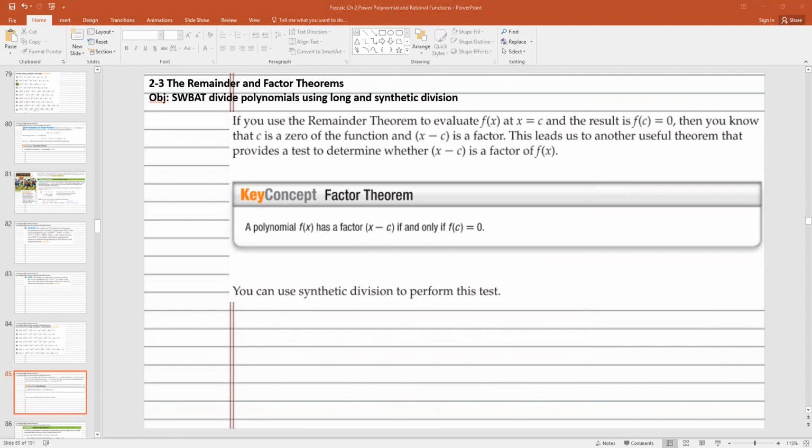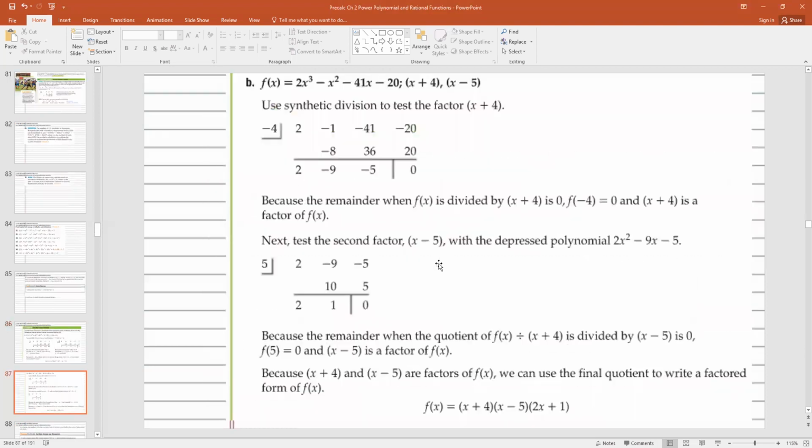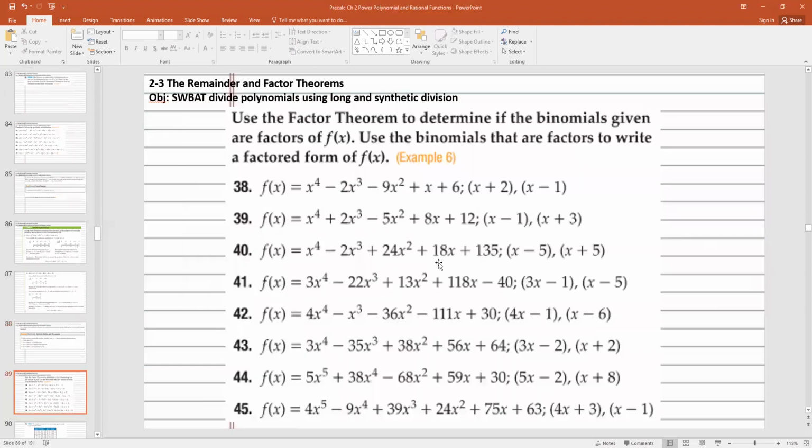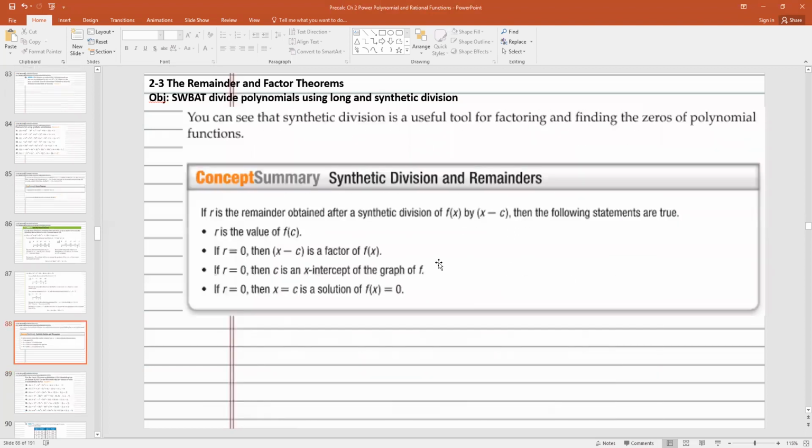So if your remainder is 0, then x minus c is going to be a factor of that function. And so here you go.